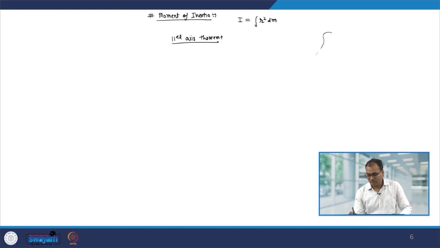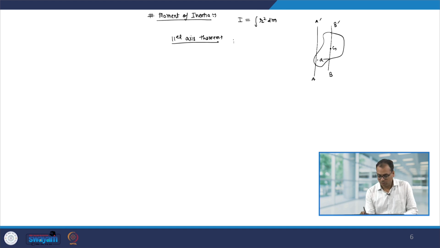Suppose I have a rigid body, and we have an axis passing through the center of mass, let us say G, and let us say this is B prime. We want to know the moment of inertia of this body about A prime axis, which is parallel to B prime and at a distance of d.